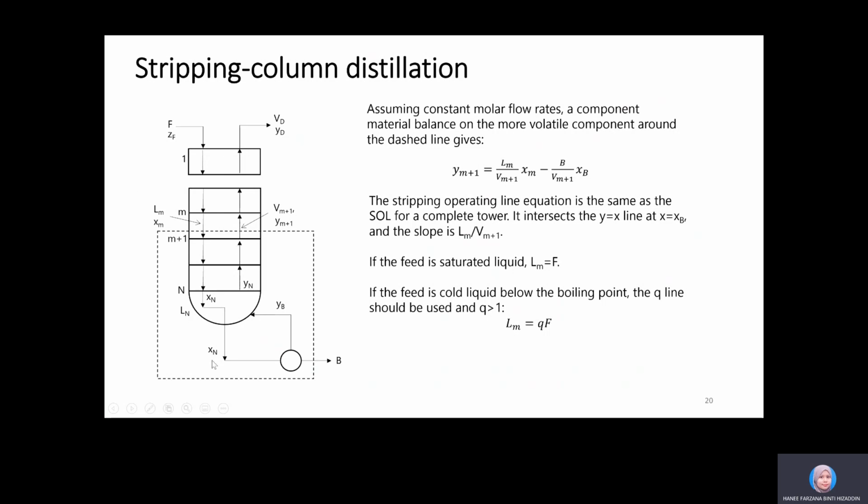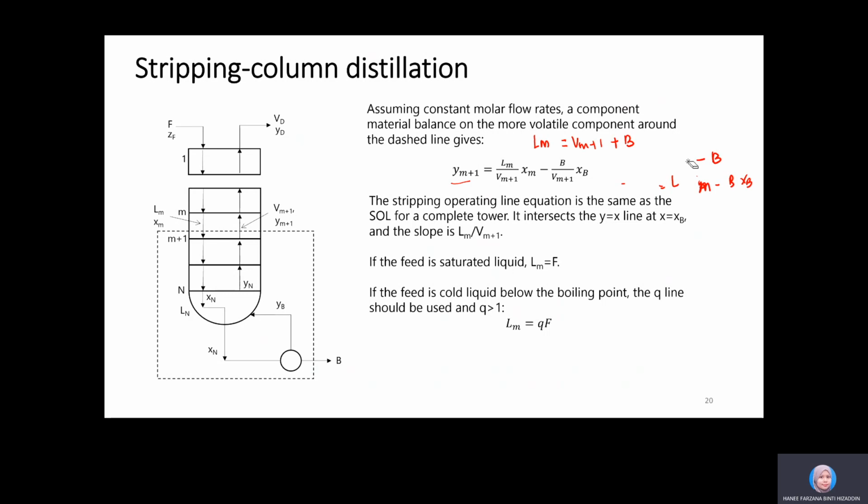First you can do an overall material balance: input Lm equals output Vm+1 plus B. When you rearrange, you have Vm+1 equals Lm minus B. Then when you put in the component compositions, Ym+1 Vm+1 equals Lm Xm minus B Xb. Then with Ym+1 as the subject of the equation, you will get this equation here.